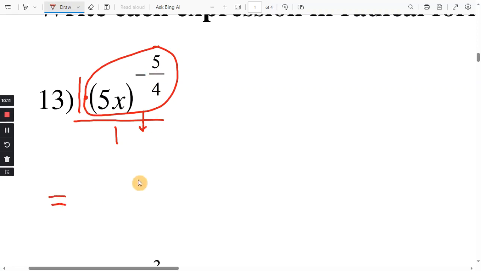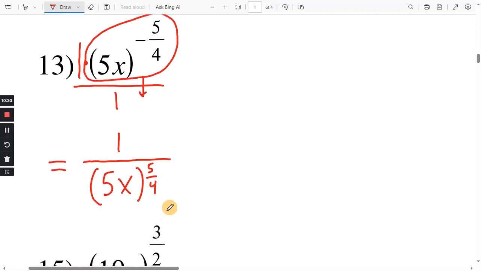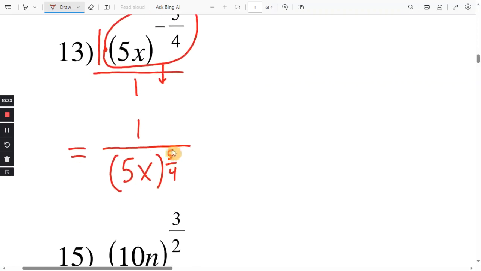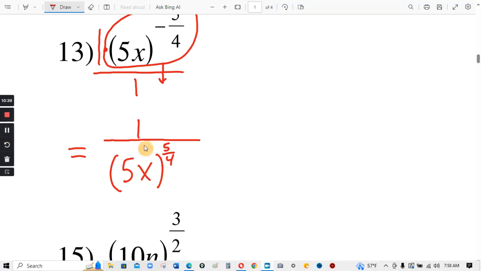So we have a 1 left in the numerator, and we have the 5x in parentheses. Close the parentheses, and the exponent, instead of negative 5/4, is now positive 5/4. Let me fix this because this is an exponent, not times 5/4. That's 1 over 5x to the power of 5/4.